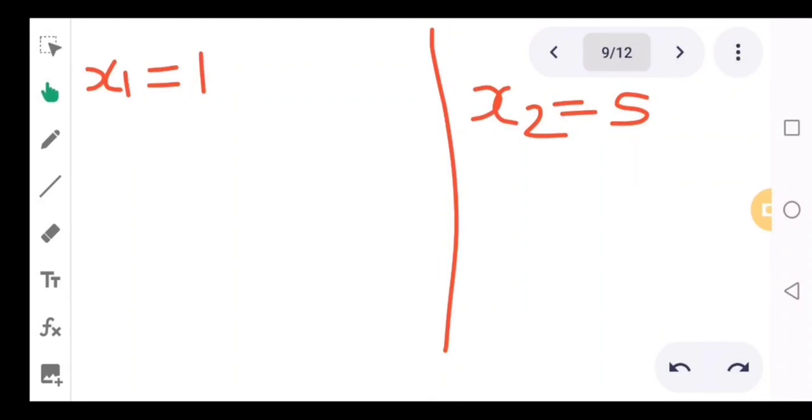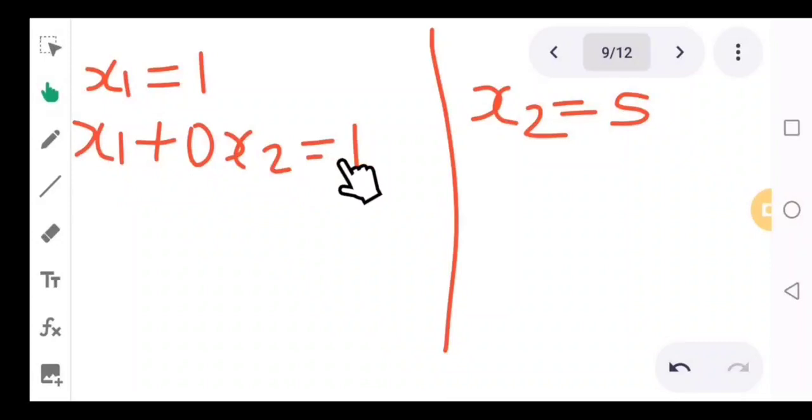This can also be written as x1 plus 0 x2 is equal to 1. If anyone is getting confused about how to plot this, it will be just a straight line. 0 x2 is nothing but 0, so whether you write 0 x2 or you don't write x2, it is one and the same.